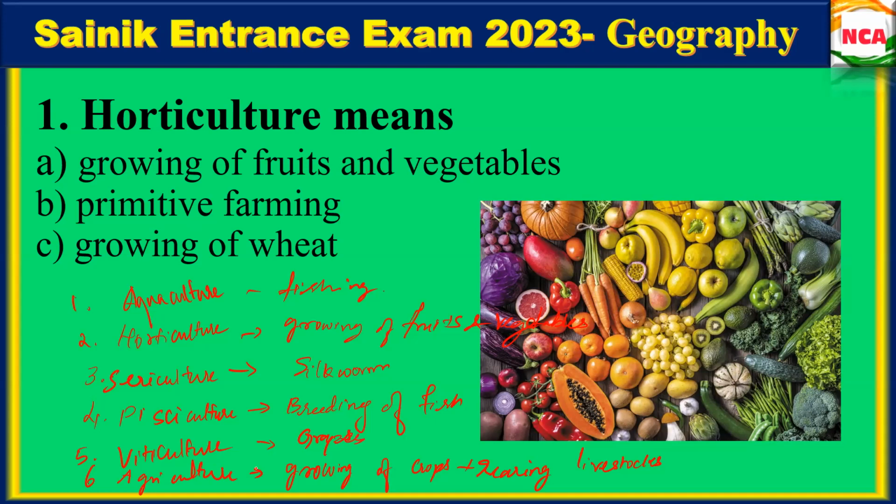If a question is on cultures, it is from the culture topic, based on the different cultures we are studying. In this quiz I have given horticulture only. Maybe in the next quiz I can give viticulture, agriculture, or sericulture, like that, different cultures. So you must be thorough in that culture part, right?